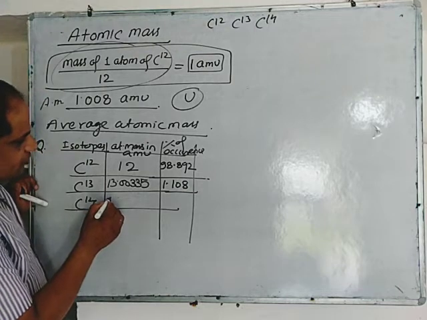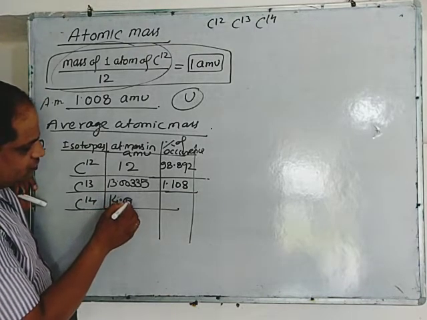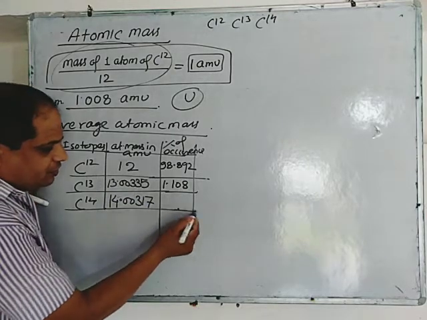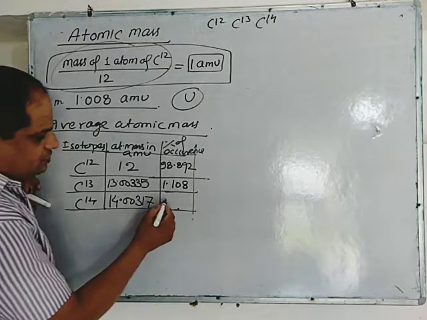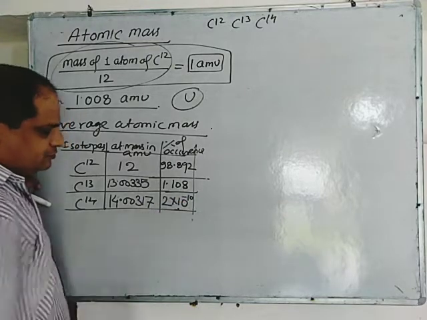C14, its atomic mass is 14.00317 AMU and its percentage of occurrence is 2 into 10 to the power minus 10.